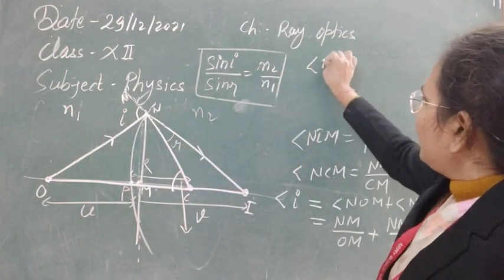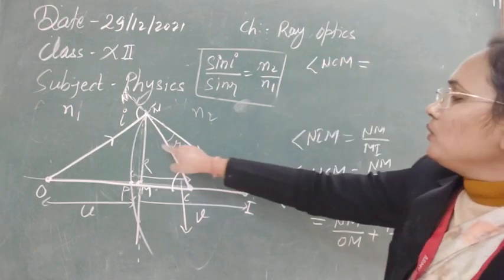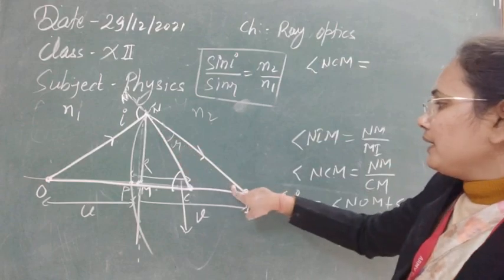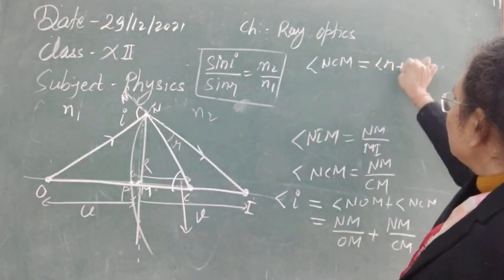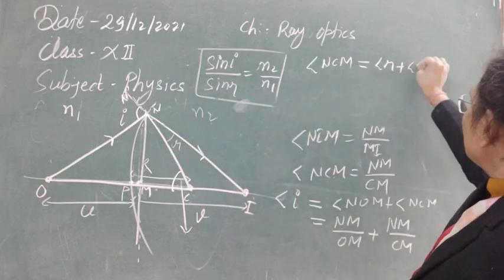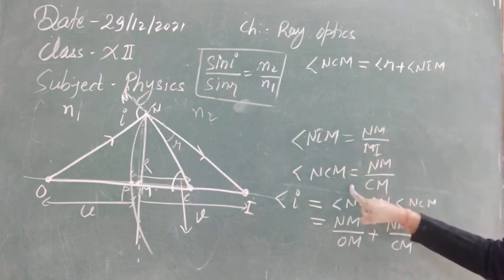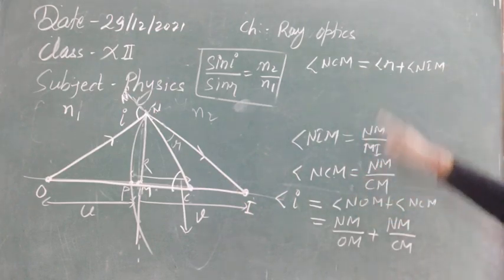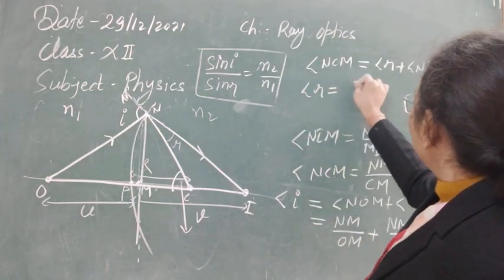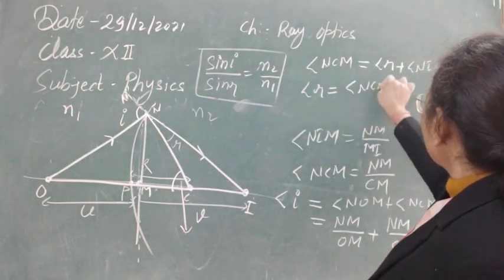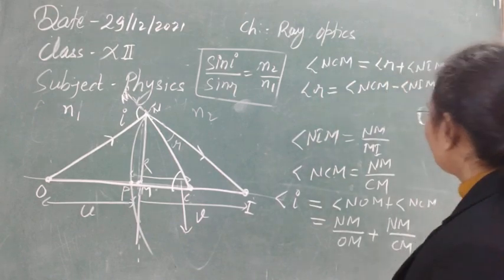Angle NCM will be equal to the sum of the two opposite interior angles. The first angle is angle R, the second angle is angle NIM. As we have the values of NIM and NCM, we can find the value of R from here. So the value of R will be equal to angle NCM minus angle NIM.